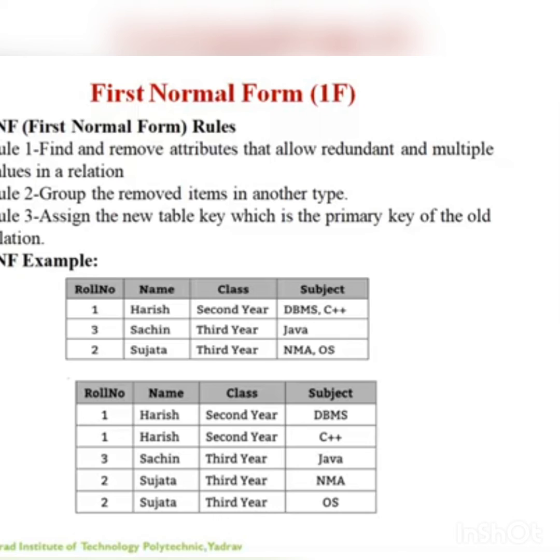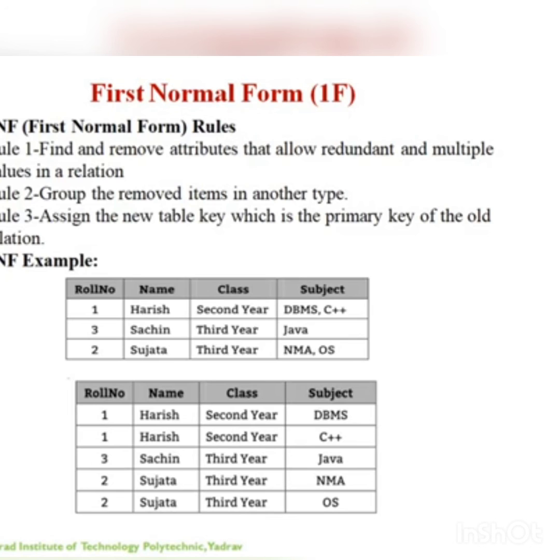Sachin attended Java and Sujata attended NMA and OS, that is Network Management Administration and Operating System. Out of the 3 students in our table, 2 students have opted for more than one subject and we have stored the subject names in a single column.